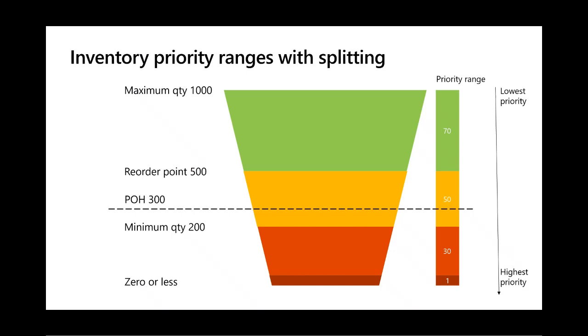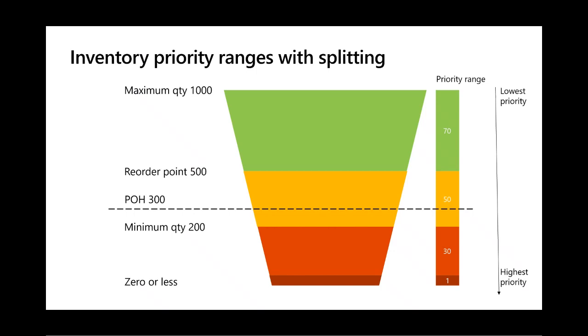So in this example, my projected on hand is 300 units, and that falls into my priority range of 50. But with splitting, I will get a requirement of 200 units, which will take me up to my reorder point of 500, and that gets priority of 50.